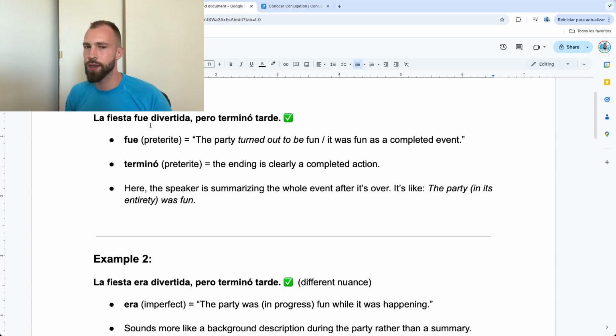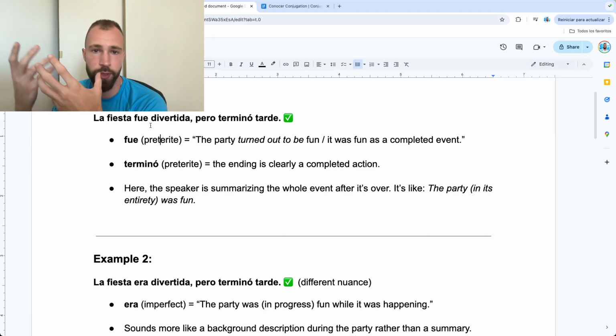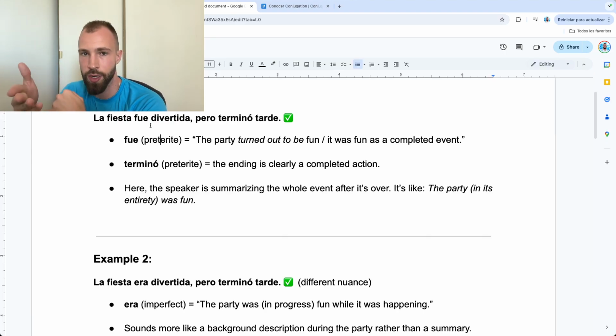The most confusing thing about the preterite versus the imperfect is the word "was." I was, whatever, the party was fun. The reason why "was" is so tough is because it's the verb to be in the past tense, and you probably already know that in Spanish there's ser and estar. Ser is to be, estar is to be. Two different forms of to be. That's a whole other video. I'm not going to jump into that.